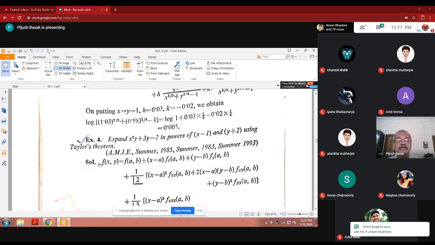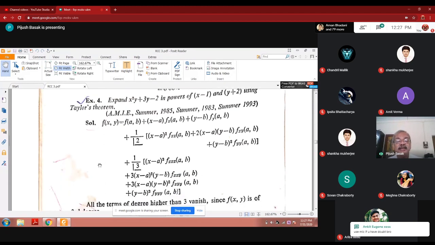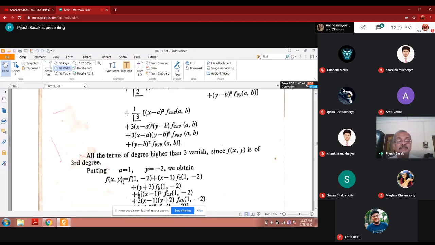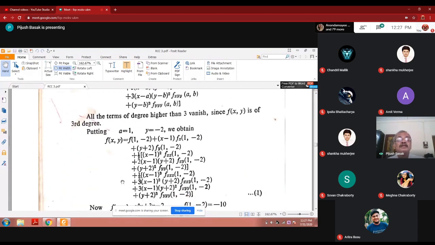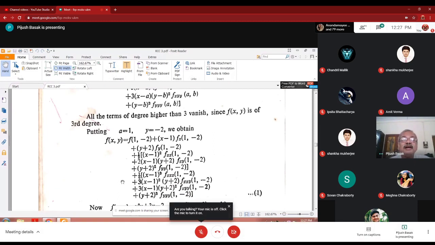And substituting, they have taken up to the third derivative. So all the terms will come like this. All the terms of degree higher than 3 vanish. I just assume it because third order is more than sufficient.